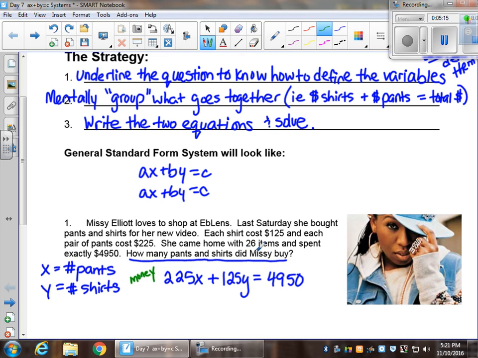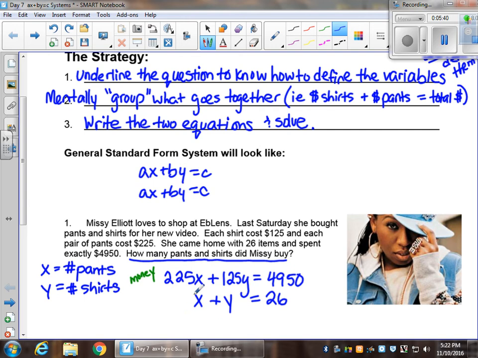Can we use that? So this is saying that the number of pairs of pants she bought and the total number of shirts that she bought equals 26. Well, the number of pants is represented by X, and the number of shirts is represented by Y, and I know in total she bought 26.